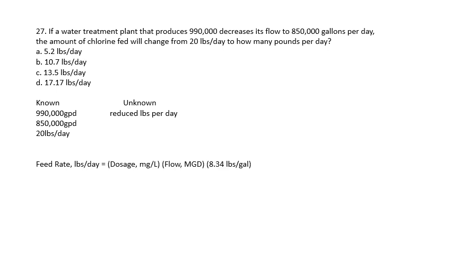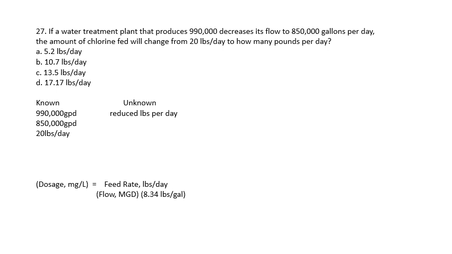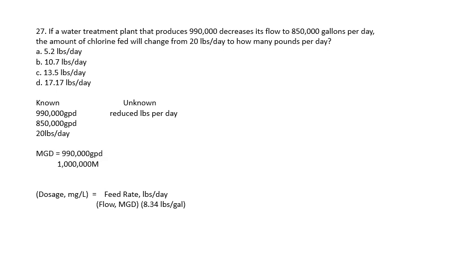So first, feed rate, pounds per day, is dosage, milligrams per liter, times flow, million gallons a day, times 8.34 pounds per gallon. We're going to rearrange that formula to find dosage. Dosage is equal to the feed rate, pounds per day, divided by flow, mgd, times 8.34 pounds per gallon. First, we're going to find our current dosage at the 990,000 gallons per day.